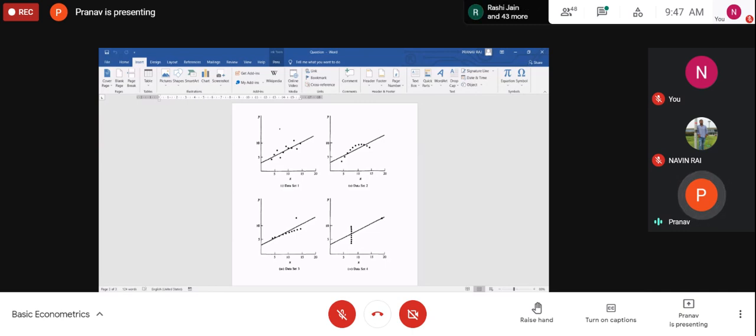And this is what you mainly associate with the idea of outliers. Outliers are those observations which are far away from all the other observations in the model.